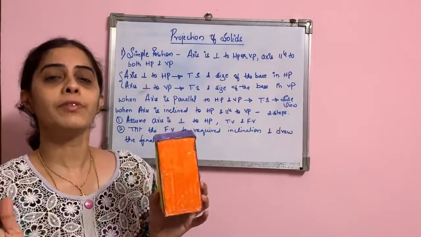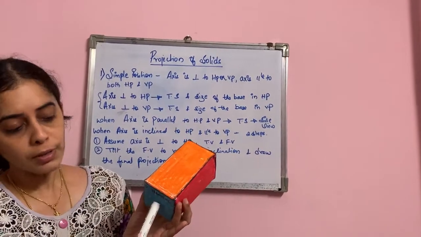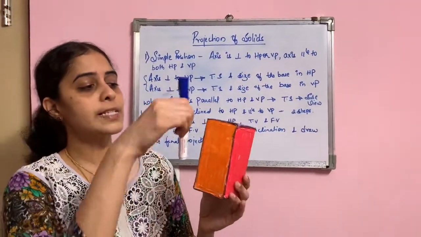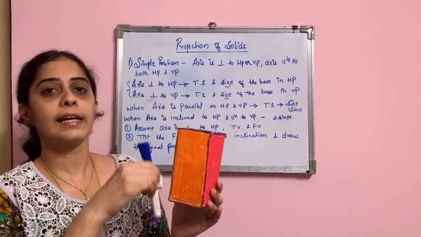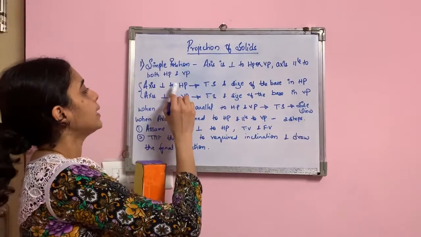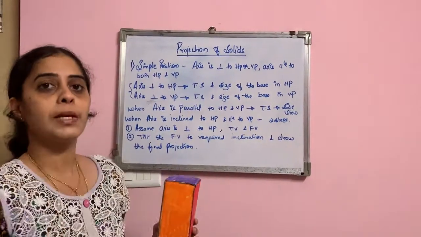The axis won't be visible, but from the center of the top surface to the center of the bottom surface, there will be an axis at the center which will be hidden. So that axis is perpendicular to HP and parallel to VP. What do you mean by it?